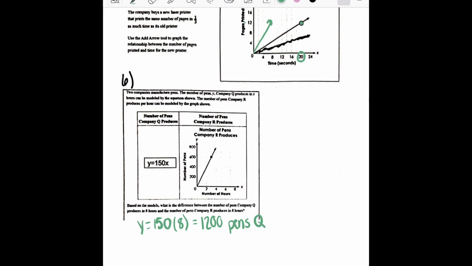Now, when we look at the graph, we are going to have to figure out our rate of change, which is rise over run. And so we are rising where that point is up to 600. And we are running over to that point, which is about at 3. And then we need to go ahead and divide that in the calculator.